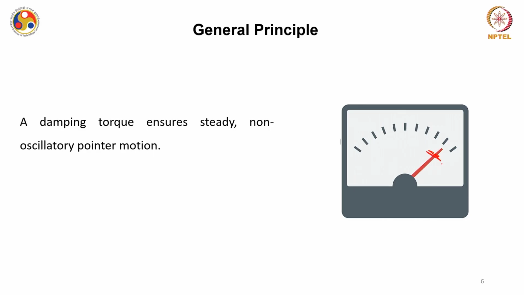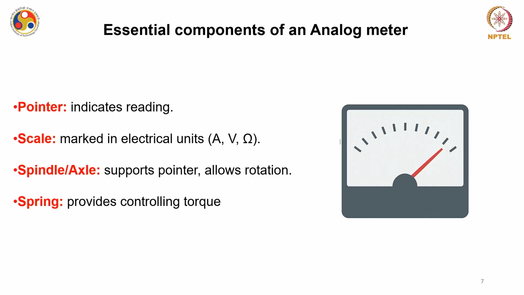Otherwise, the pointer will keep on oscillating along a particular point. We will see the concept of damping torque also in this, but this is a general requirement for a particular analog meter. There are multiple components that are required for analog meters.